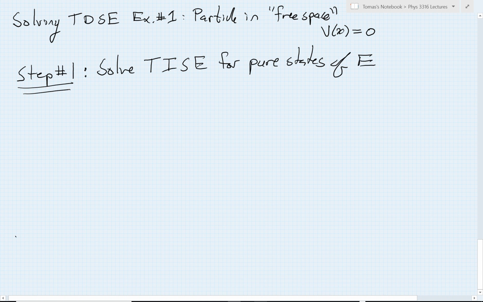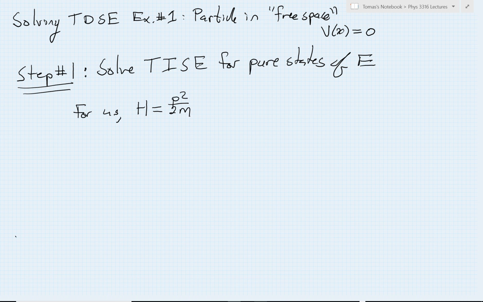So say I have a particle in free space. Because it's in free space, the Hamiltonian is just the kinetic energy. It's just p squared over 2m.